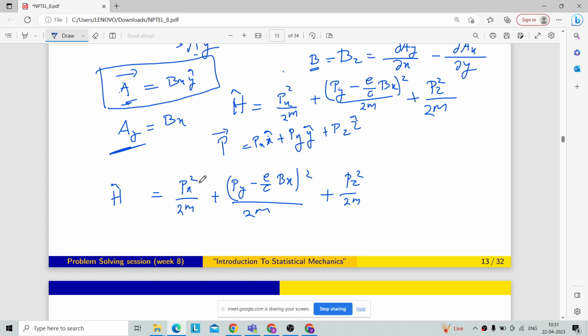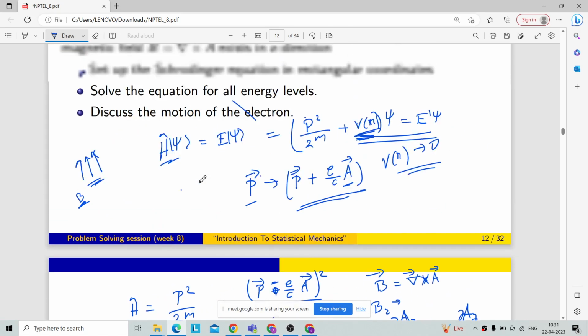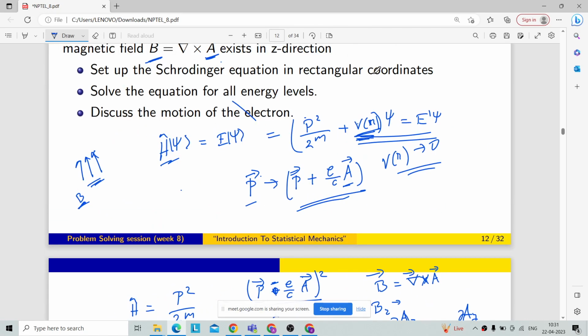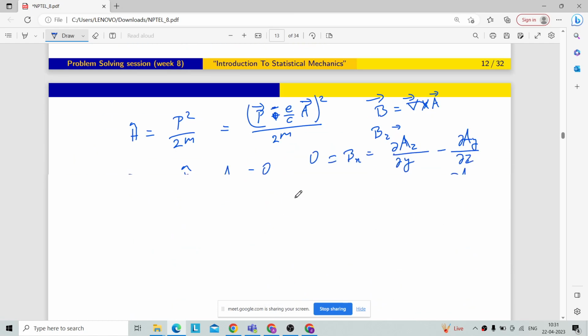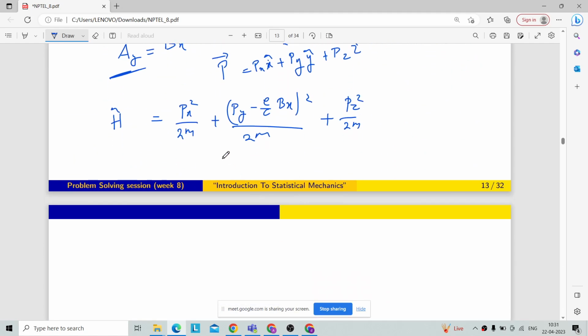Now we are being asked to set up the Schrodinger equation for this kind of system. So what is the Schrodinger equation? The Schrodinger equation is H psi equal to E psi, right?